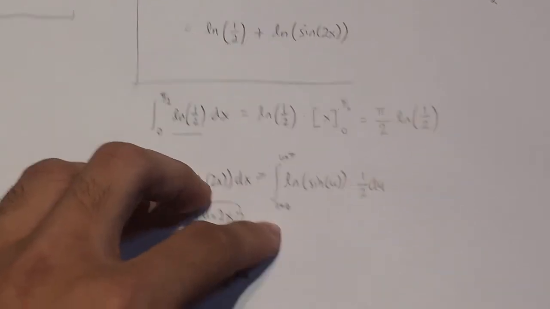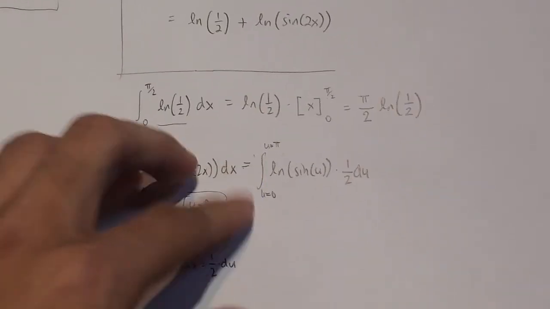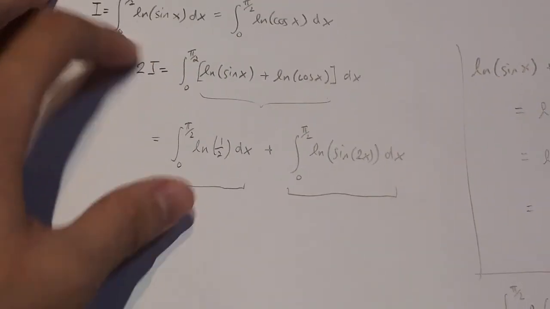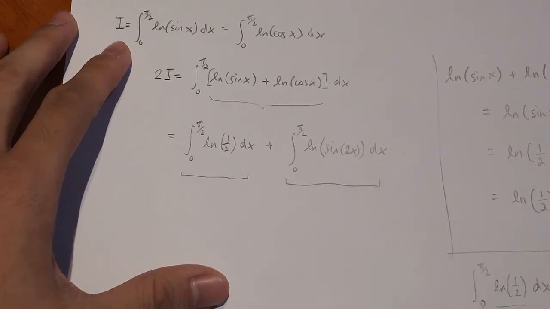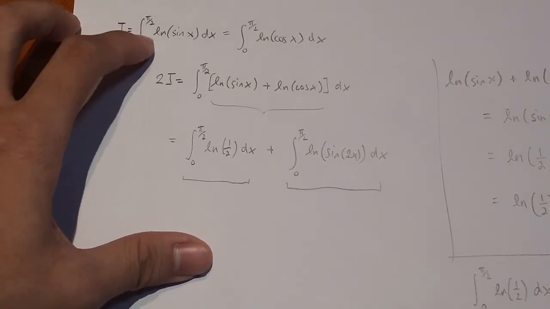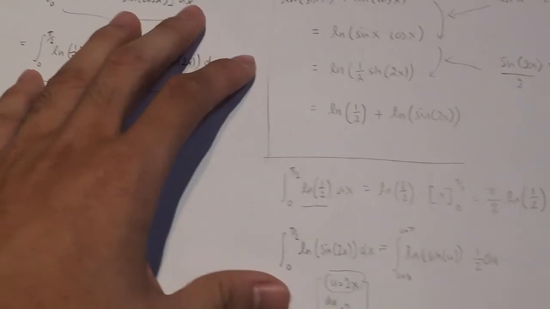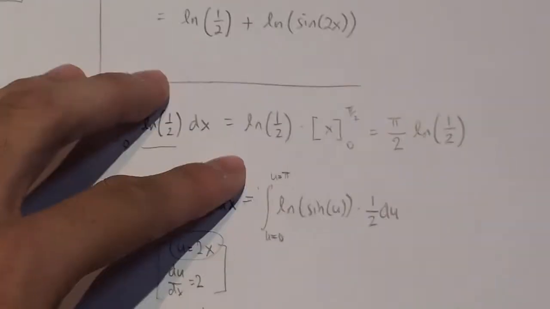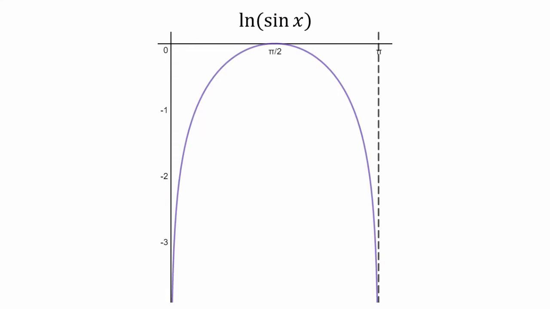And now we have to evaluate this integral here. But this integral here is exactly what we had earlier, right here, except that rather than having the limit from 0 to pi over 2, we have it from 0 to pi. But if you look at the graph for natural log of sine of u, you'll find that the graph going from 0 to pi over 2 and pi over 2 all the way to pi is symmetrical.